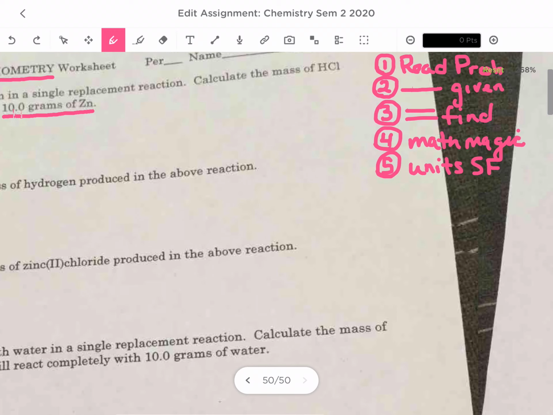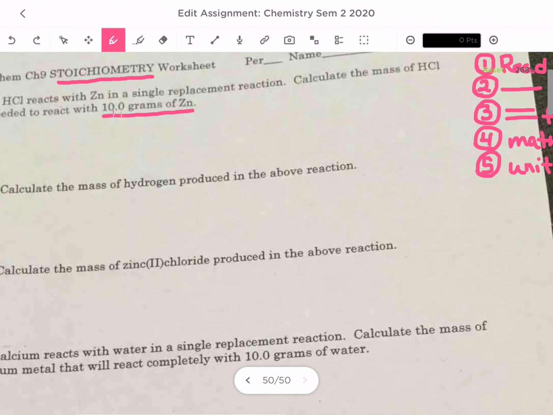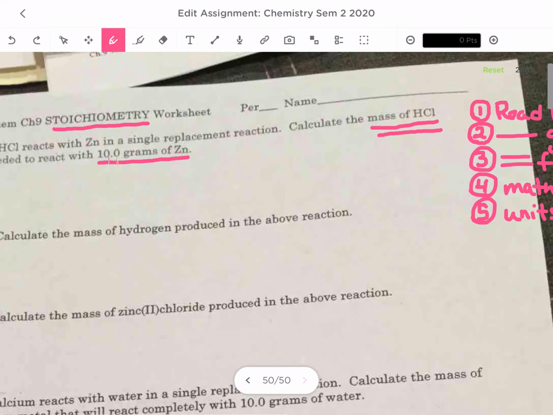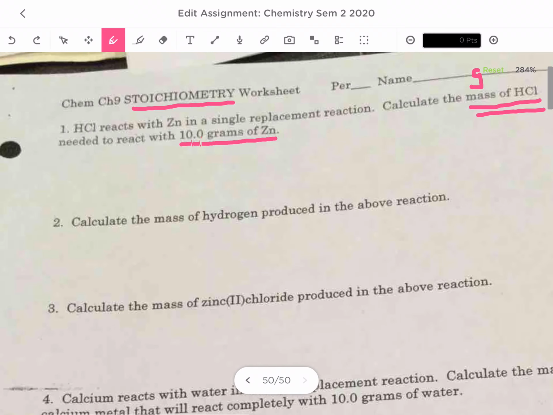Number 3 says double underline what you're trying to find. So what am I trying to find? Oh yeah, calculate the mass of HCl. Now remember, mass is grams, and this problem is given in grams right there. So we're going from grams of zinc to grams of HCl.